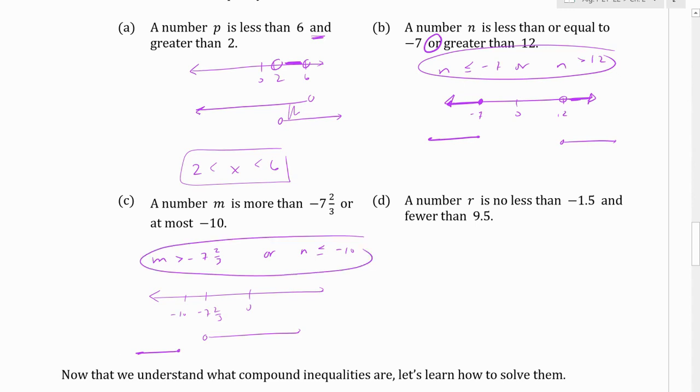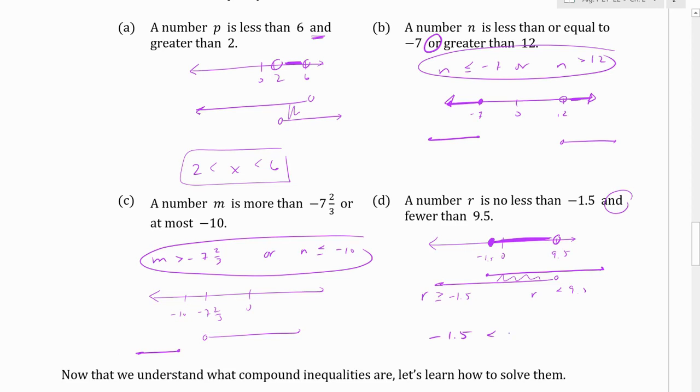It's either this or this. r is not less than, which means it's greater than or equal to negative 1.5 and fewer than 9.5. Okay. So negative 1.5, 9.5. These, the place where it's both, from here to there.